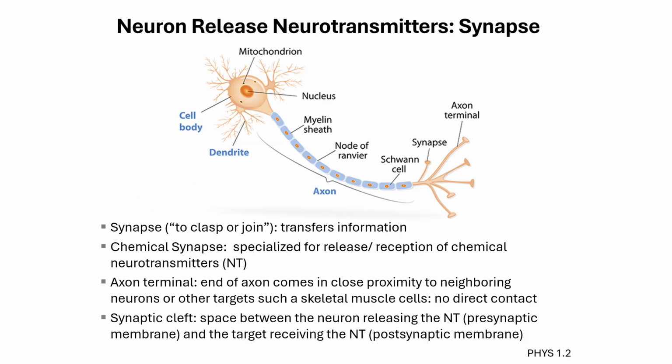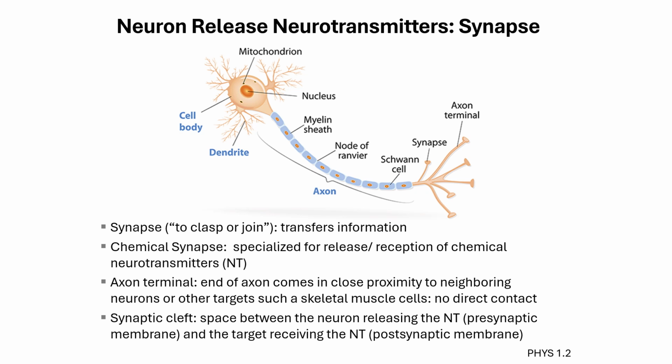Once you have traveled with your action potential down the length of the neuron, you get to the axon terminals. The axon terminals are the ends of the axon, and they usually branch out a little bit, and they make these terminal bulbs. And at the terminal bulbs is where we might find a synapse.